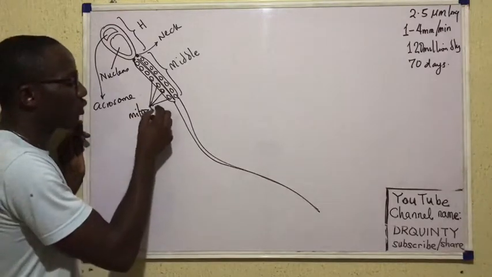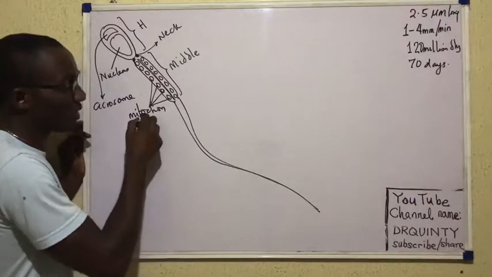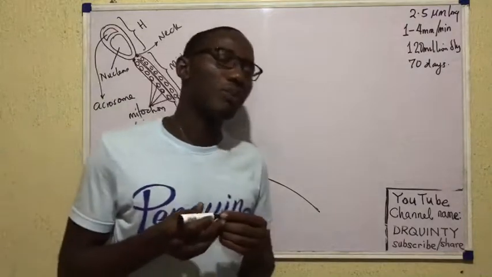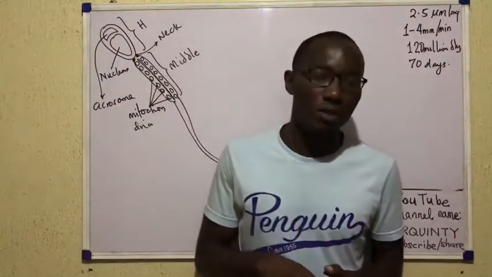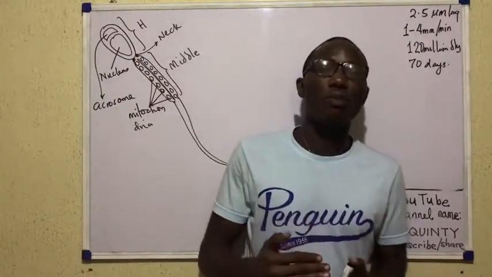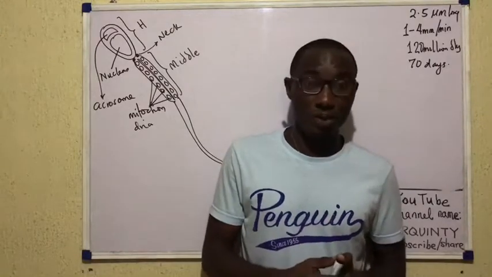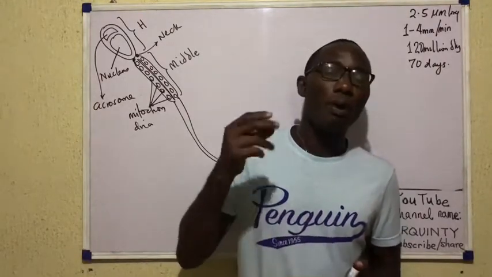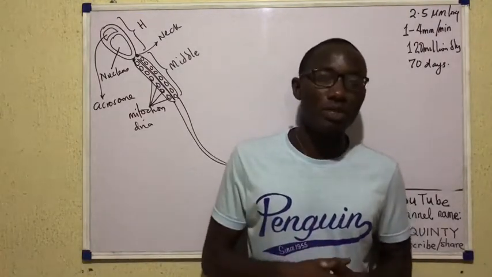Why do we have so many mitochondria in the sperm cell? It's because the sperm cell does a lot of work, moving from where they are deposited during ejaculation up to the upper reaches of the oviduct.